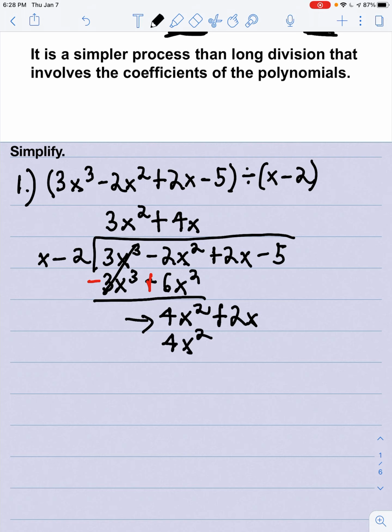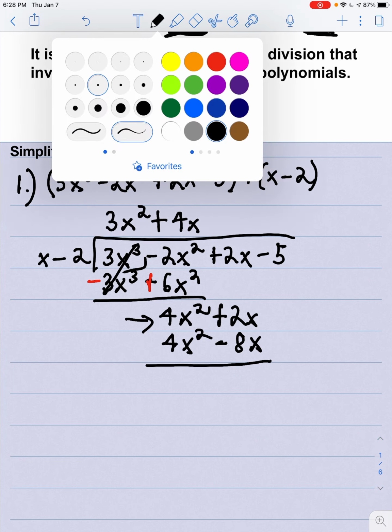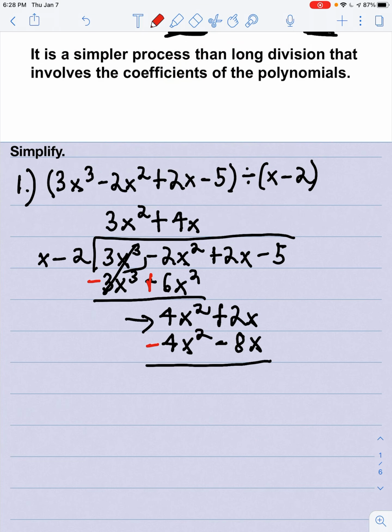And then we multiply it times the negative 2, and that's negative 8x. And then we're going to change our signs to their opposites so we can add. And of course, the 4x squareds cancel, but now we have 10x, and we're going to bring down the minus 5.